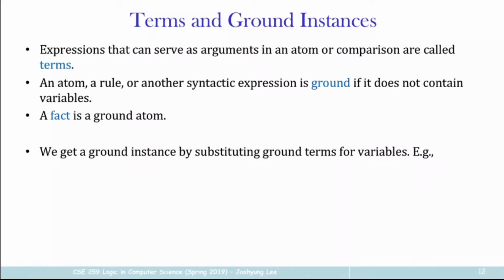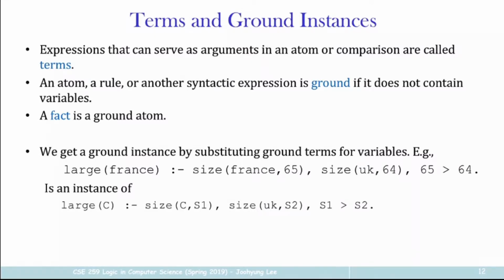You saw this example already. Now the C, S1, S2 actually range over possible instances. So we can get a ground instance by substituting ground terms for variables.